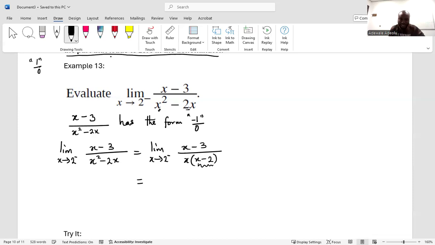So it is the same as the limit as x goes to 2 from the left of x minus 3 over x times 1 over x minus 2. Is that true? I can separate it using multiplication. What I'm saying is if I have, let's say, 2 over 3 times 4, I can write it as 2 over 3 times 1 over 4. That is what I've done.